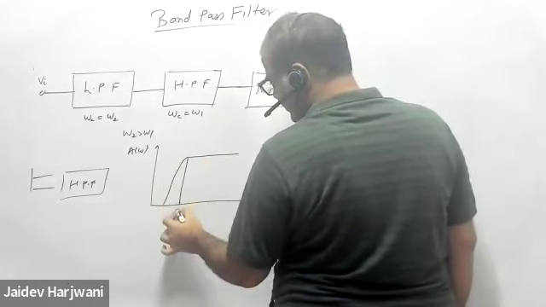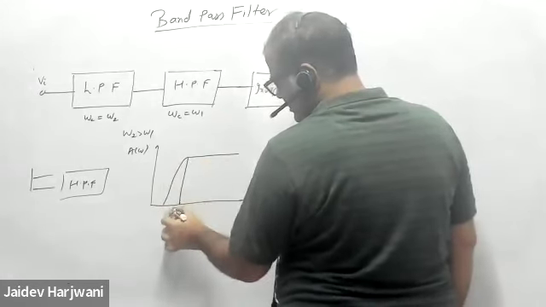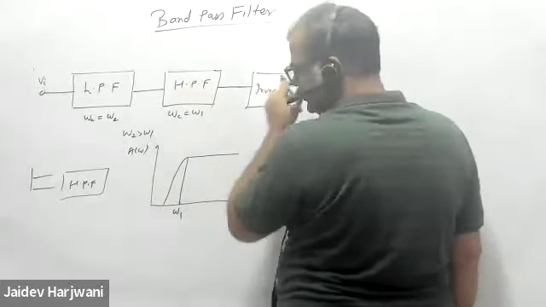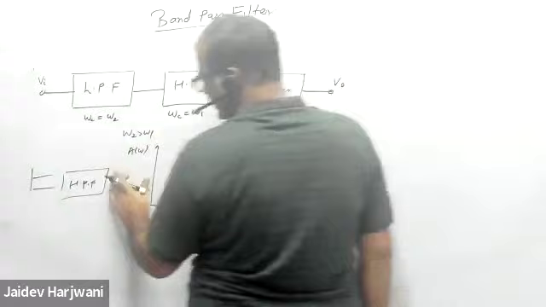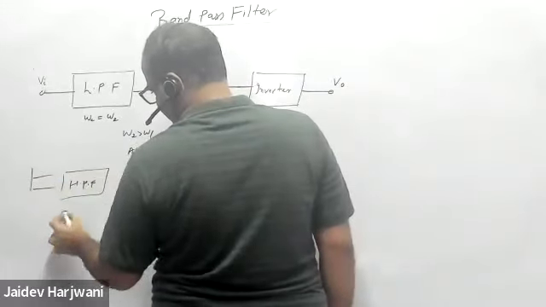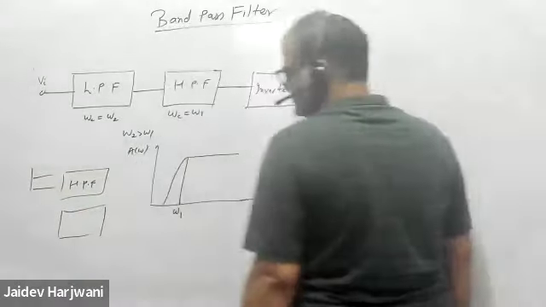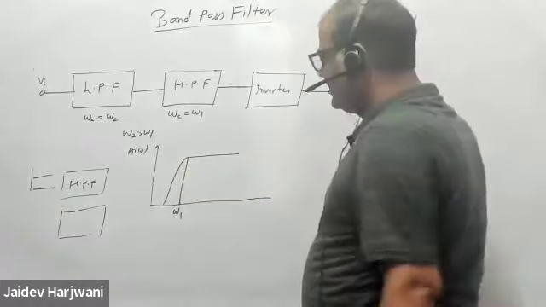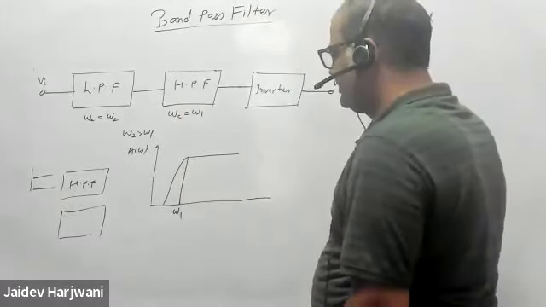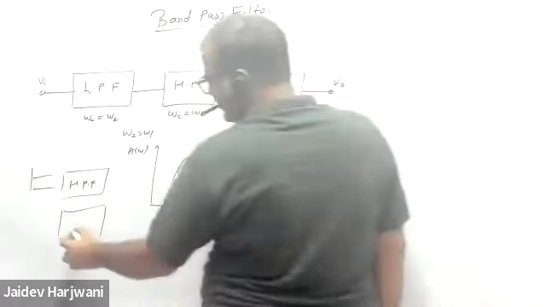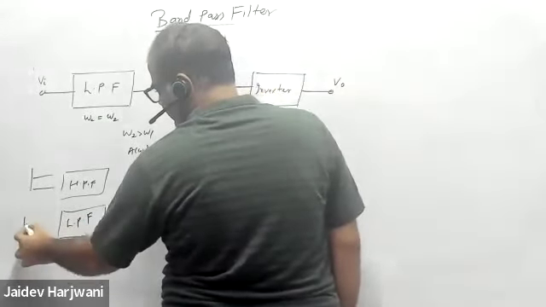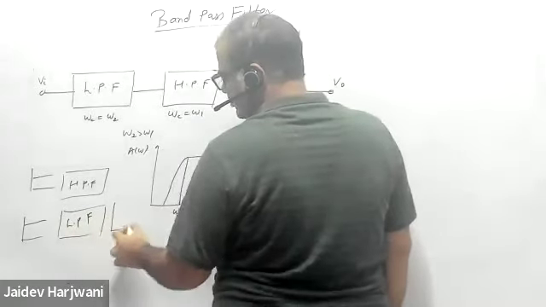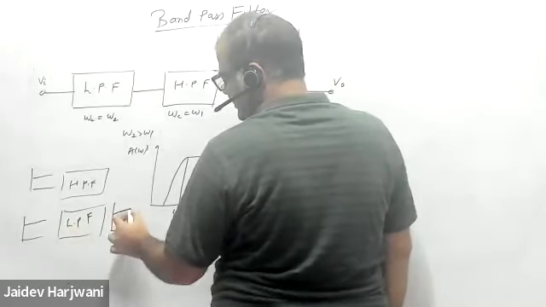So this is your omega 1. If you're getting the full signal, everything above omega 1 will pass and below will be stopped. And now the low pass filter's job is to pass low frequencies and stop the others.